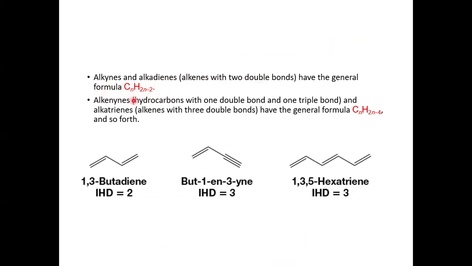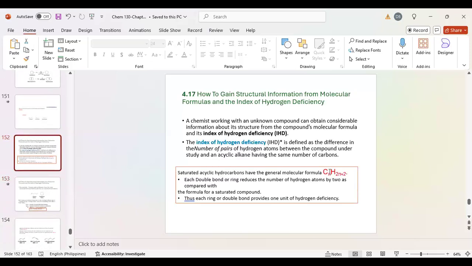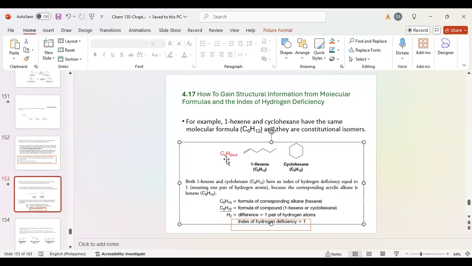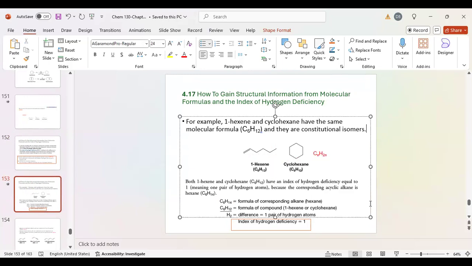Alkadienes have the general formula CnH2n-2, and alkynes likewise CnH2n-2. And the general formula for an alkene is simply CnH2n.